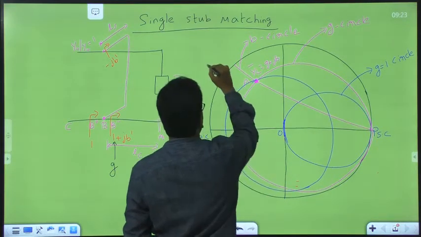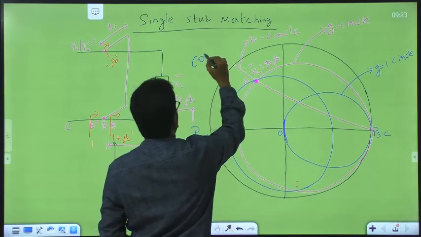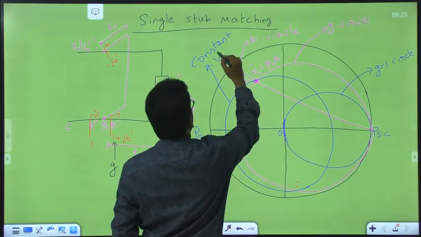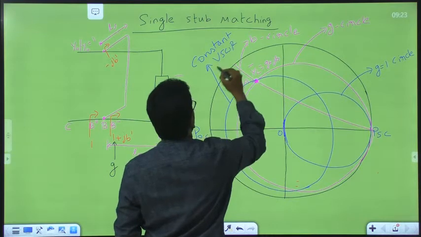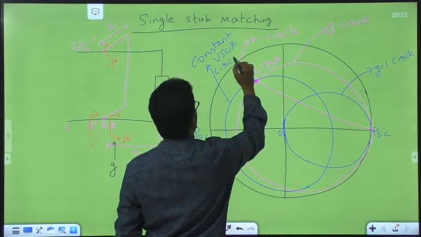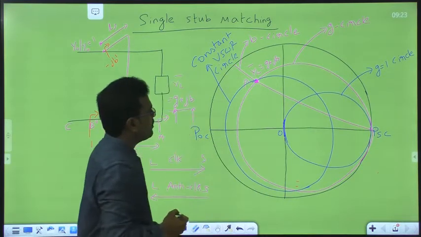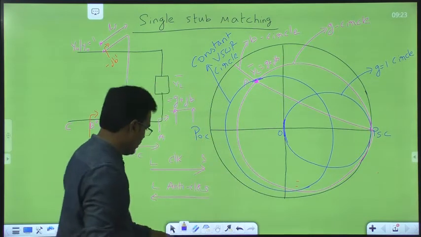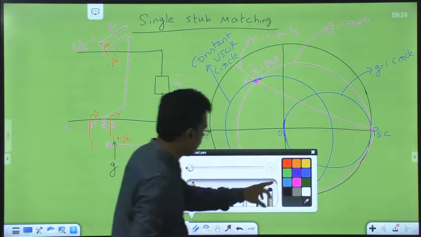So this is the constant VSWR circle. Okay. Now on this circle, we have to travel some distance.